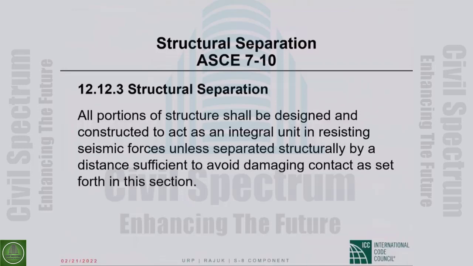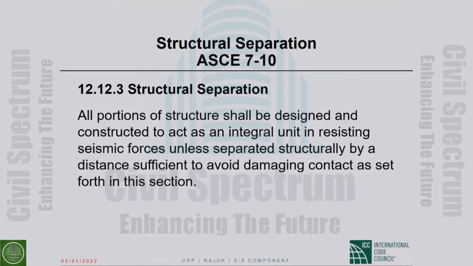Now, this is the structural separation provision of ASCE 7-10. Here, I mentioned ASCE 7-10 is quite different from ASCE 7-05. All portions of the structure shall be designed and constructed to act as an integral unit in resisting seismic forces. That definitely is one choice. No gap, nothing. You tie everything together.